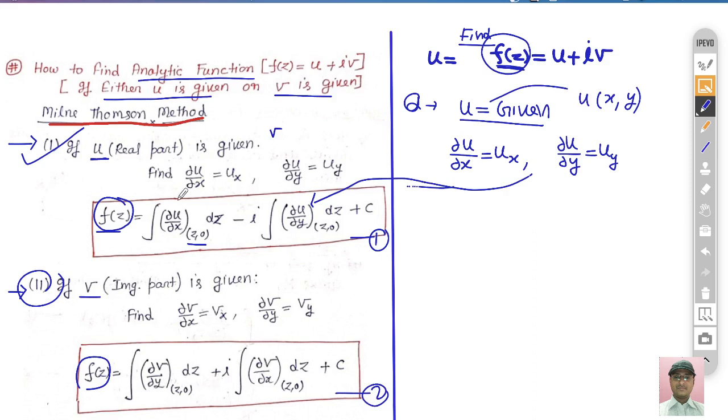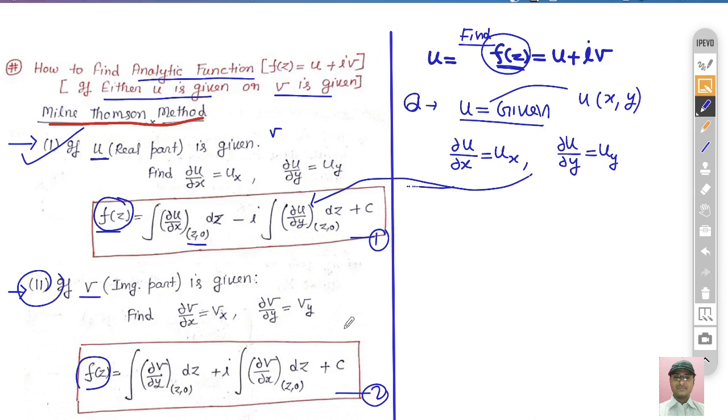So you have to learn it this way. If u is given, then you put del u by del x, del u by del y, and here the minus sign is with iota. If v is given, in that case first you have to put the value of del v by del y. Again, in place of x you have to put z, in place of y you have to put 0.